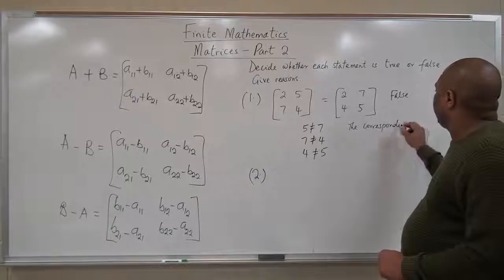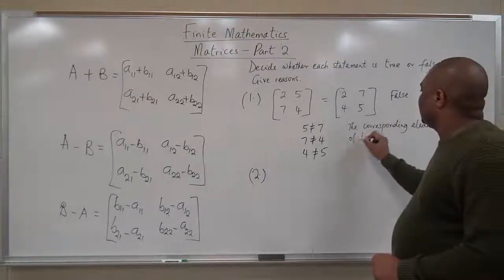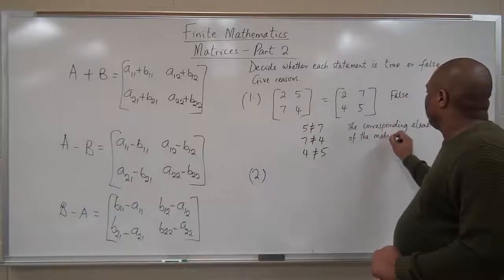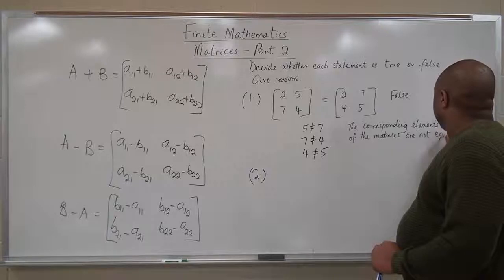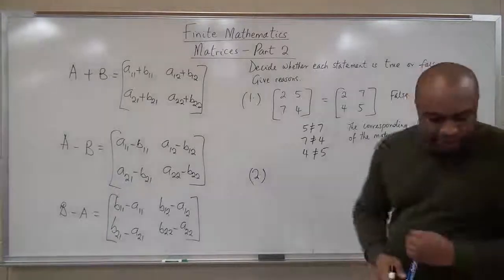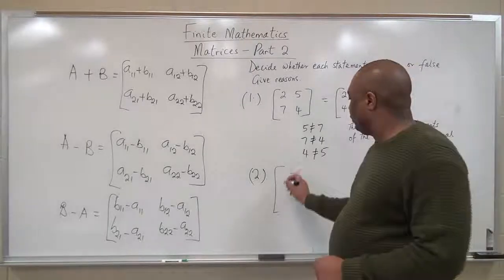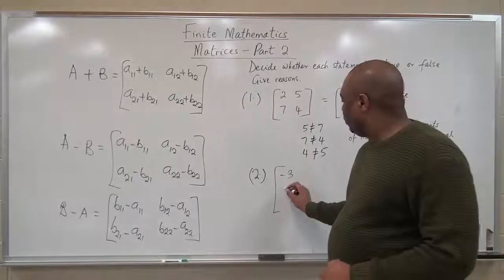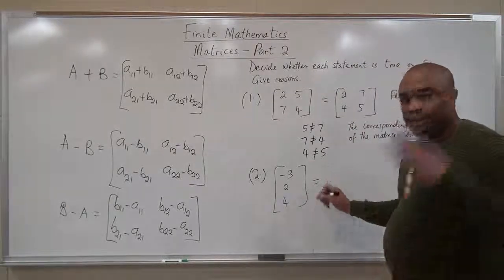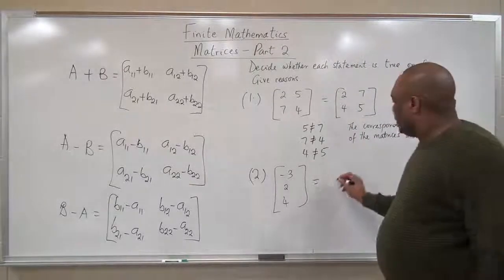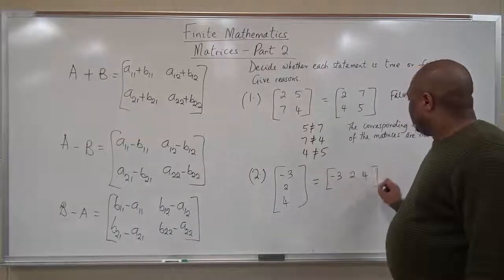The corresponding elements of the matrices are not equal. Okay, number 2, you have this by row. This is a column matrix. Remember what we did in column matrix in the previous video. And this is a row matrix, -3, 2, 4.